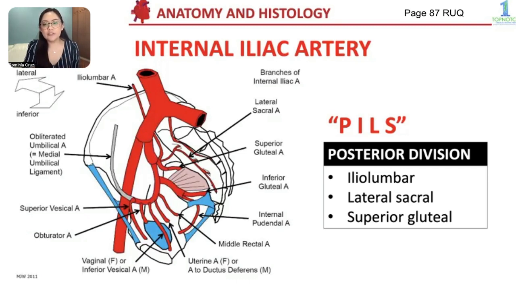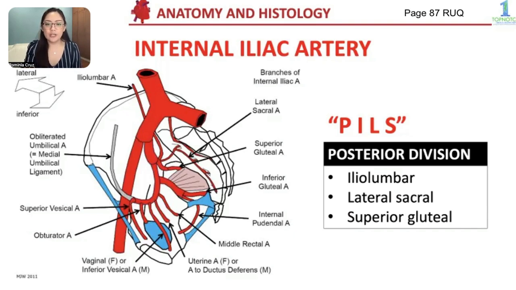So yung posterior divisions natin, we have the acronym PILS. Your P is in posterior, ILS. So PILS. Your posterior branches extend to the buttocks and your thighs through three different arteries.